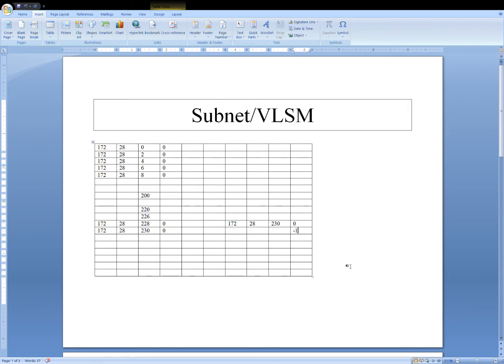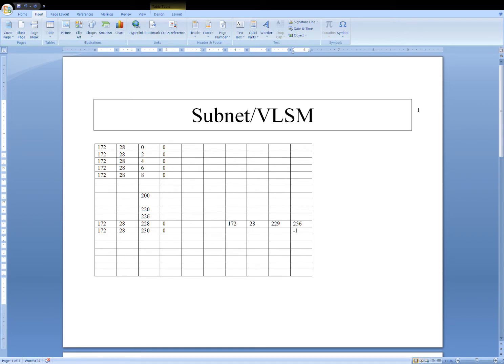Well, you can't take 0 minus 1. So what do we do in regular math? Well, we go to the next number and we borrow. Well, that's exactly what you're going to do here, but the borrowing is a little bit different. From 230, I'm still going to borrow a 1 like we normally do in math, but in network math, you don't borrow 10s like we do in regular math.